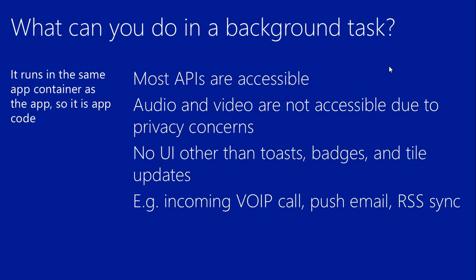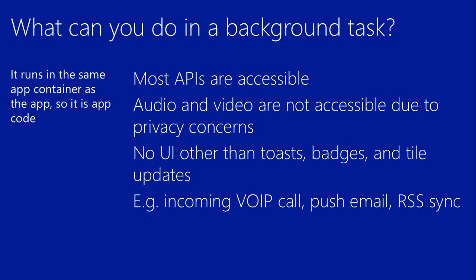So audio and video are not accessible. No UI is available other than toast, badge, and live tile updates. So through your background tasks, you cannot get the application into the foreground. There's no Win32 or bring-the-application-to-the-foreground sort of method available. You cannot bring the background application into the foreground.